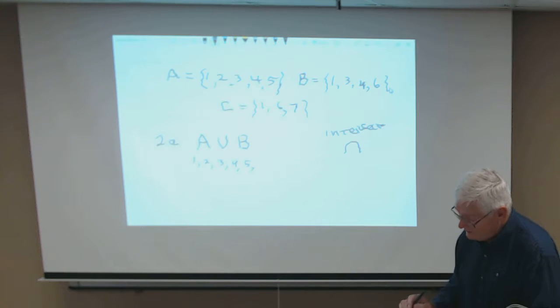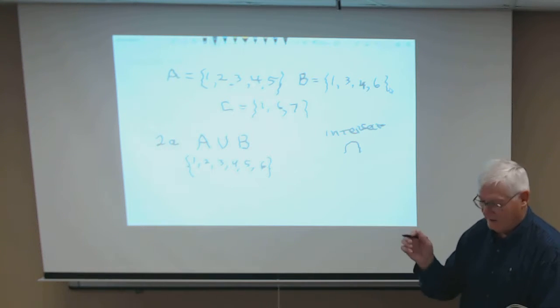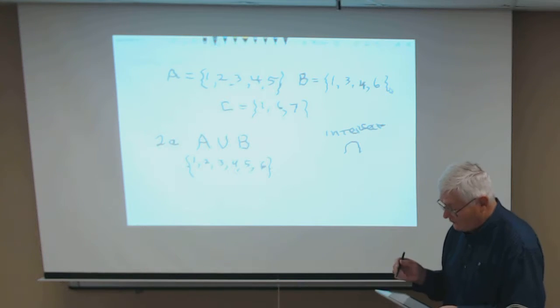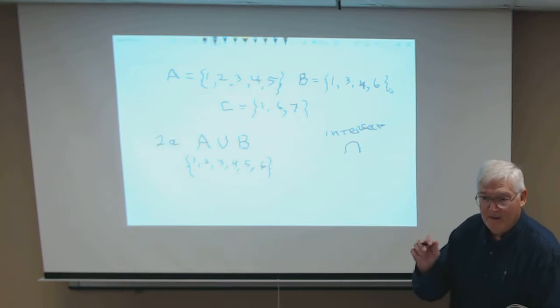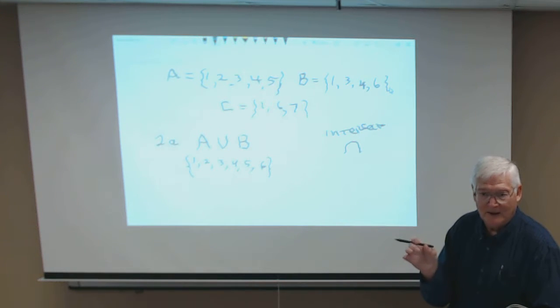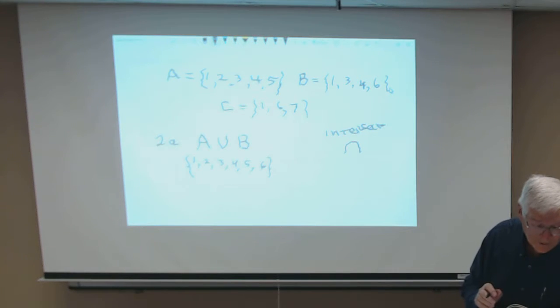And then I have to add 6. Everybody follow that? I've got all the first set plus the stuff in the second set that I haven't already listed. You could put 1, 1, 2, 3, 3, 4, 4, 5, and 6, but you don't have to duplicate them. Duplicates don't really count. So that's the union. That's 2A.